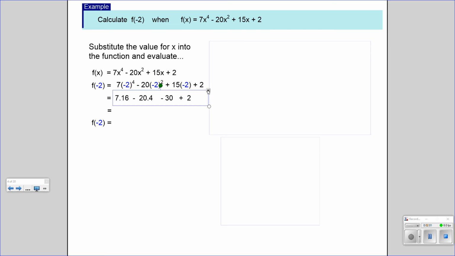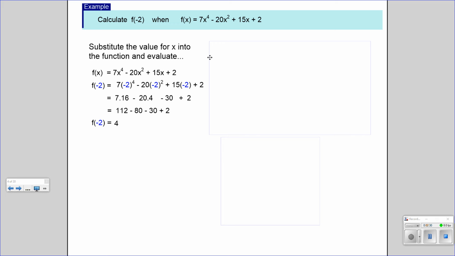So you just need to take a moment to think through that, just to make sure you're happy with all the numbers that we get there. And the final answer that we obtain when we put in a value of x equals minus 2, the value we obtain for the function is 4. Take a moment and check that through and make sure you're happy with each step. So that's simply how you evaluate a polynomial, nothing new.